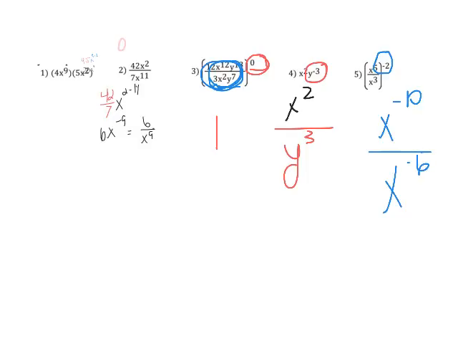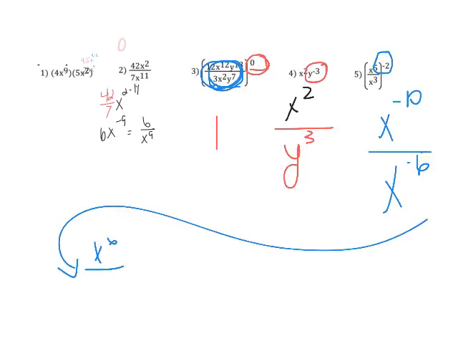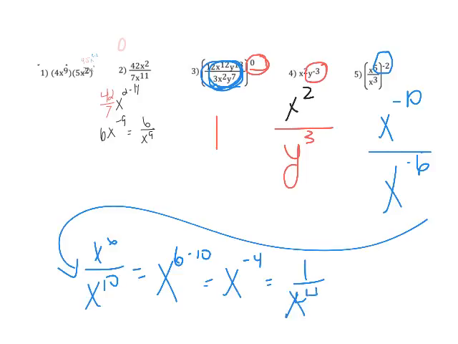Okay? And then you can flip them, so you have x to the 6th over x to the 10th. And of course, we're dividing two bases, so we subtract their exponents. So x to the negative 4th, which is 1 over x to the 4th. So you could have done it that way.